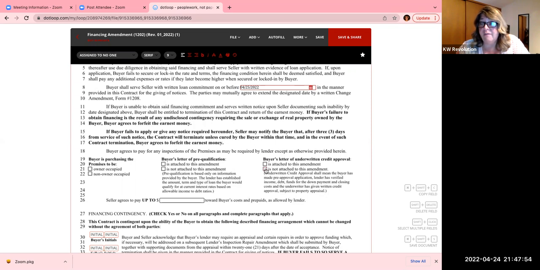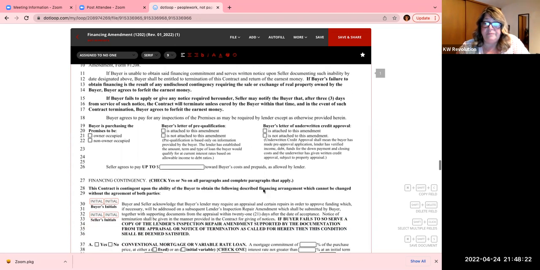So if they have gone through everything, they have verified their employment, they've verified all their tax records, all their bank statements, everything, and then for whatever reason the house falls through and they can't get that house, they would then have an underwritten credit approval because they've gone through the whole system. It's just that for whatever reason that fell through and now they're ready to move on to the next house and they've pretty much done all their parts. So that would be about the only time you have this one.